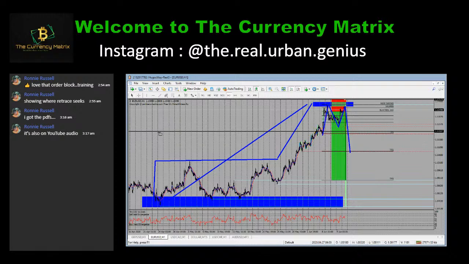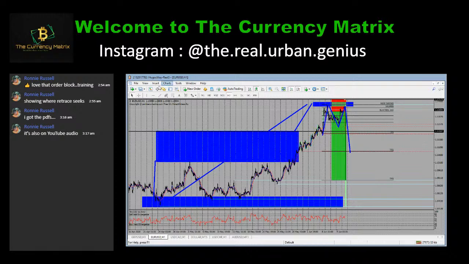So okay, I see. You see now how it's hidden in there? Yes.